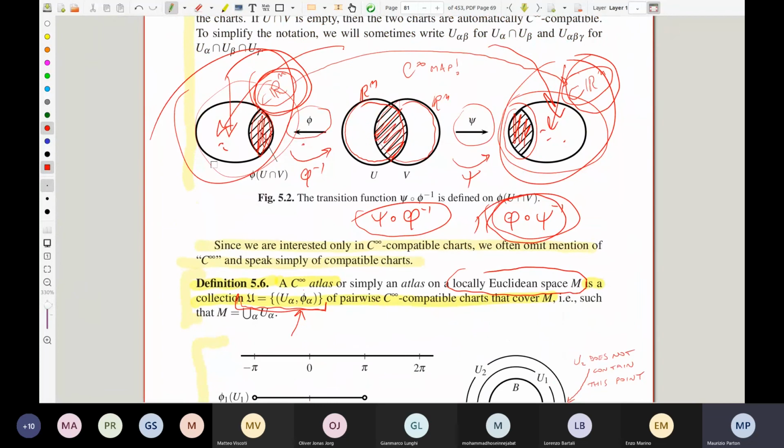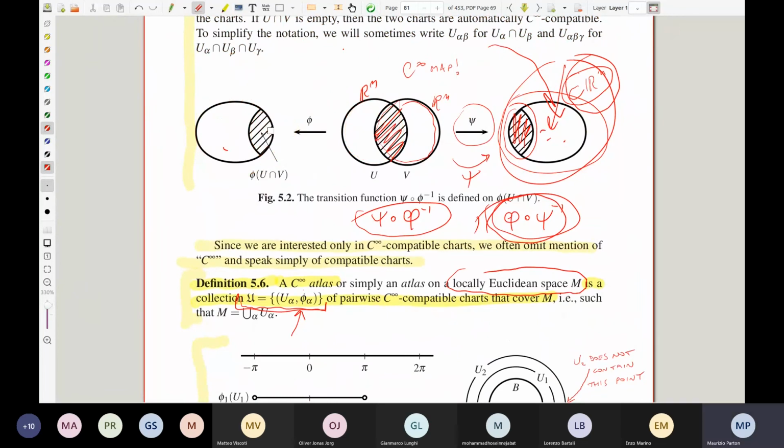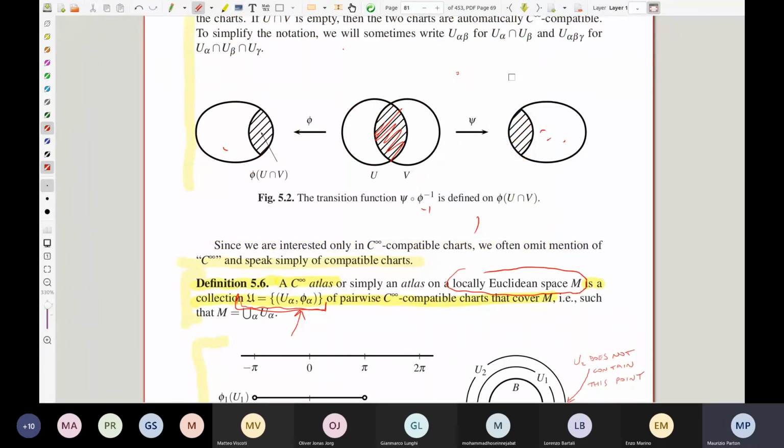Let me remove some garbage. And moreover, when you go from here to here, this map is C infinity, for whatever two charts you take. If they intersect in the way I'm saying, then the composition, the transition function, is C infinity. By definition, this is a differentiable manifold, and this is what it means to locally look like Rn.